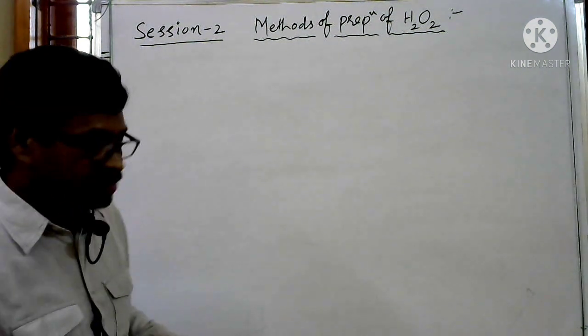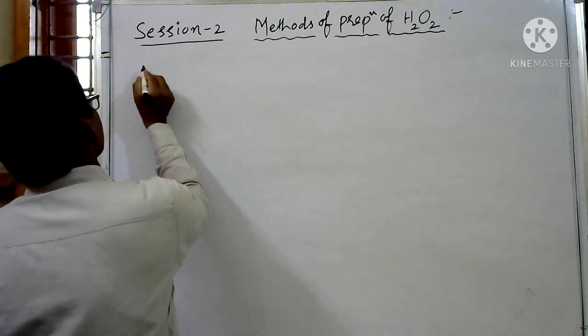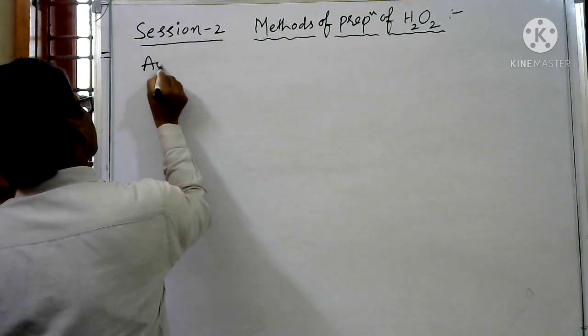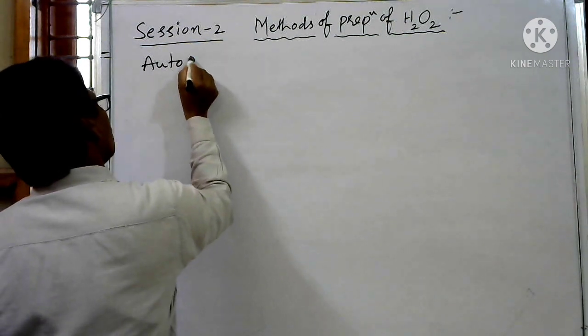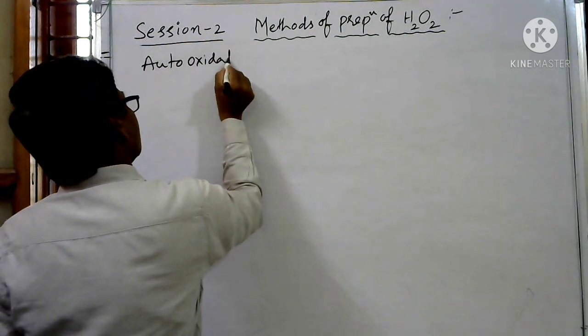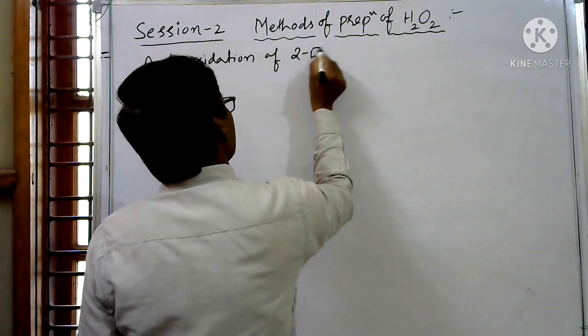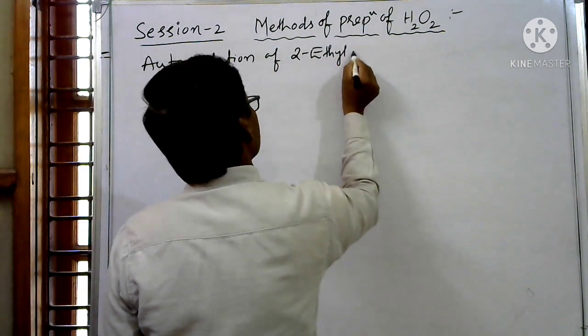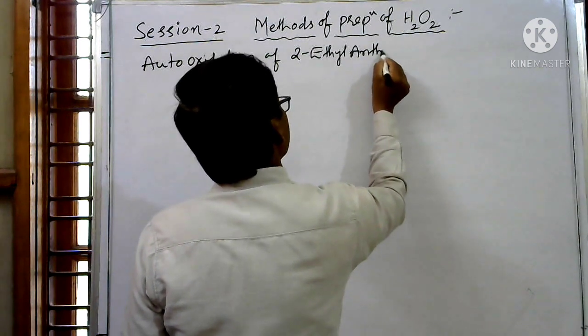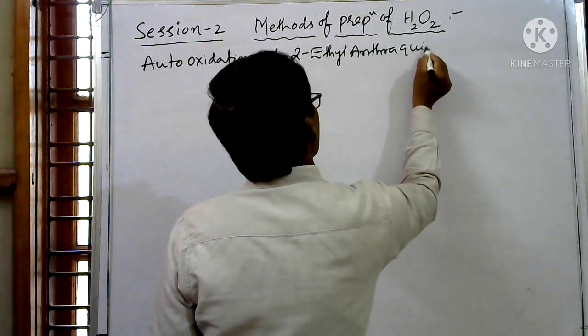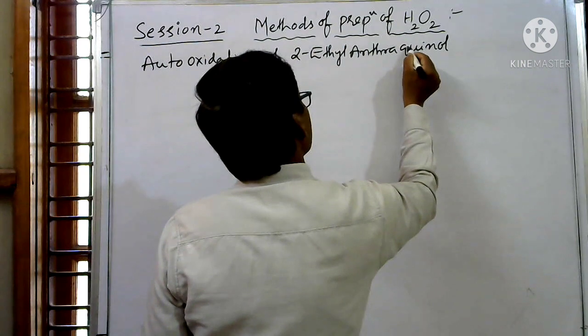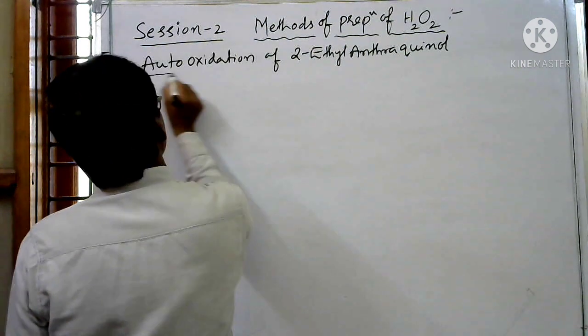So first, I give some information related to this. This method is auto-oxidation. Auto means self, self-oxidation, of 2-ethyl anthraquinol. This is the heading.